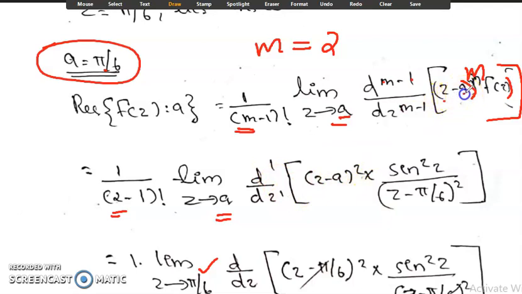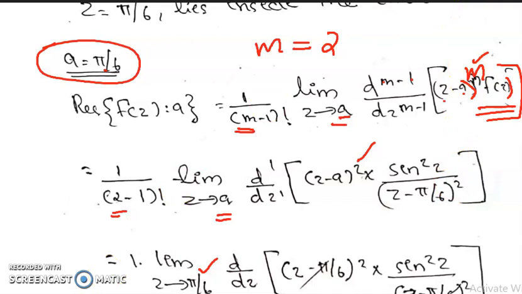Then (z - a) whole, m is 2, whole square. f of z is our question, that is sin square z by (z - pi by 6) the whole square. Then next step, 2 minus 1 is 1, limit z tends to pi by 6, d by dz of (z - pi by 6) the whole square into sin square z by (z - pi by 6) the whole square.